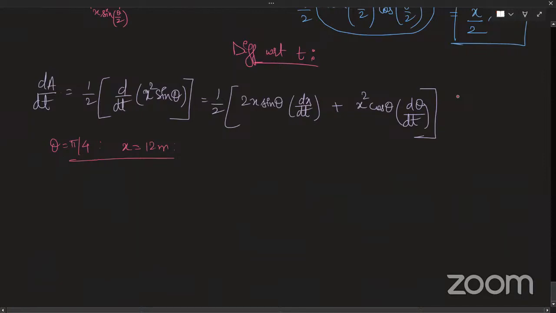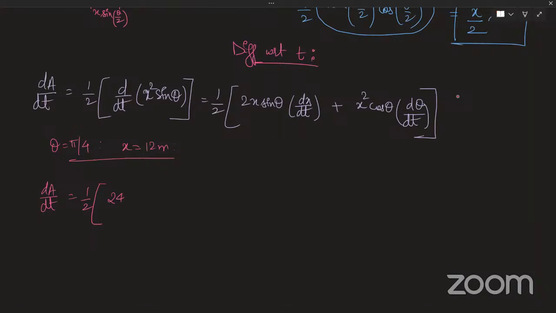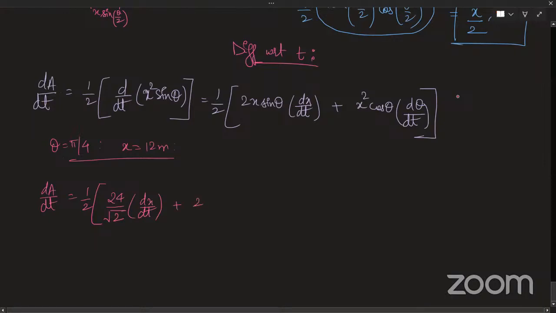So my value of dA by dt is half into 2x sine theta. What is sine of pi by 4? 1 by root 2. Plus x square, which is 12 square, cos theta is 1 by root 2, into d theta by dt.